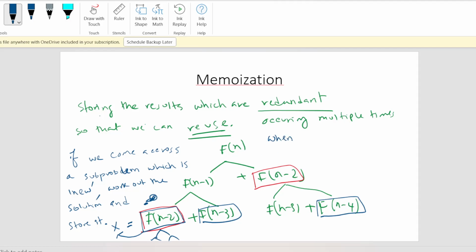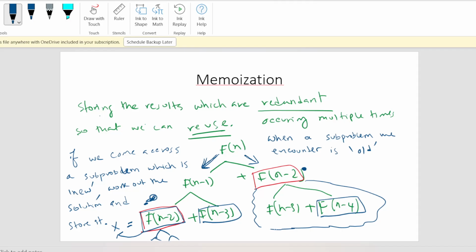এখন when a subproblem we encounter is old, তার মানে হচ্ছে অলরেডি আমরা এই সাব প্রবলেমকে আগে দেখেছি। লাইক ইন দিস এক্সাম্পল, আমি যখন এখান থেকে আবার যখন কাজ করা শুরু করবো, ফার্স্টে তো আমি এই ব্রাঞ্চে কাজ করেছি প্রথমে। তারপরে যখন আমি এই ব্রাঞ্চে কাজ শুরু করেছি, তখন যখন f(n-2) এই সাব প্রবলেমে আমি আসলাম, তখন কি দেখলাম যে this is something old, we have seen this before. তখন আমি কি করব, f(n-2) কষ্ট করে আর এই পুরা সলিউশন বের করতে যাব না। So we will not work out the entire solution.